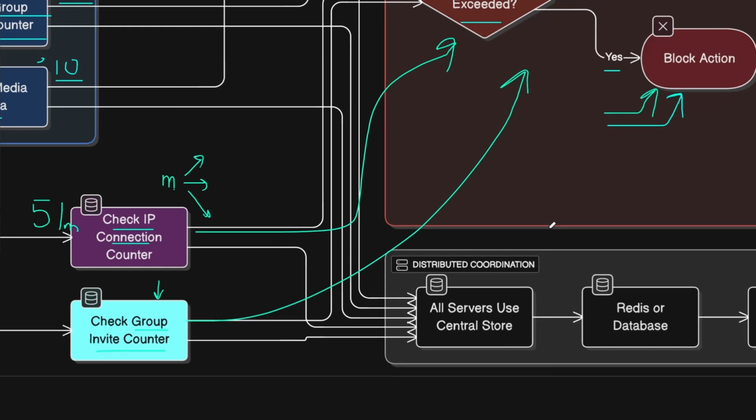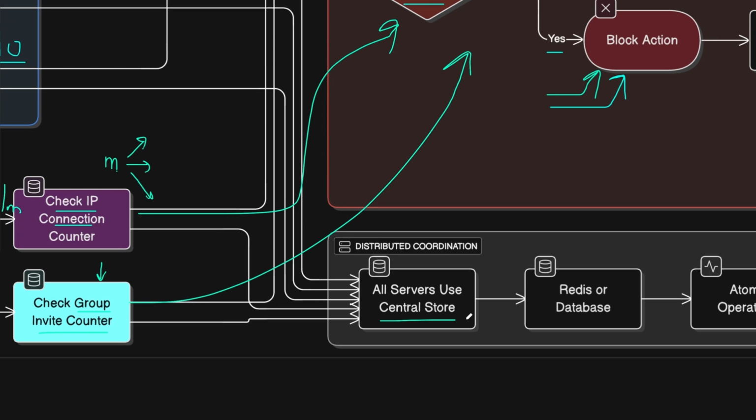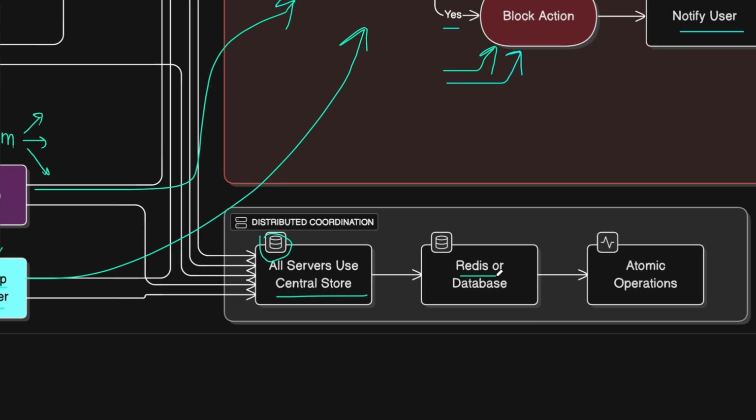So for this to work, we need to also have some centralized store for all servers, because each of the users is connected to one server, right, with a WebSocket connection. So all of them need to use some distributed central store, something like Redis, because this is something we keep up to, let's say, 24 hours in the memory. And that is in the case they get restricted with most attempts.